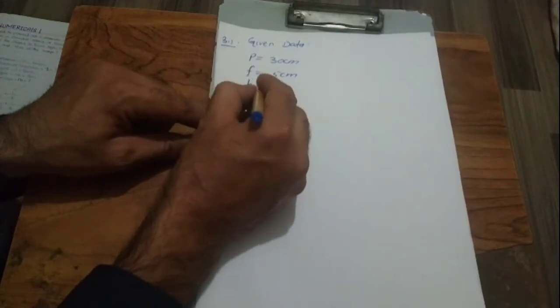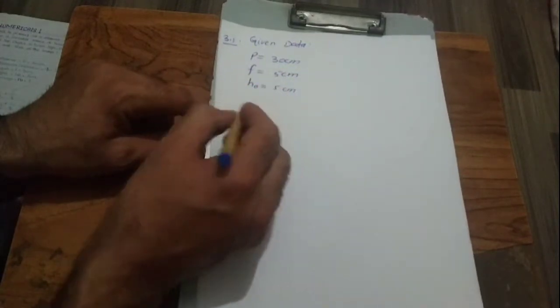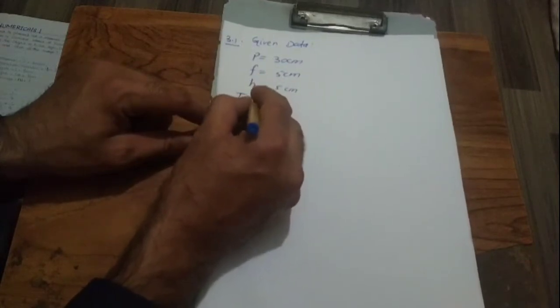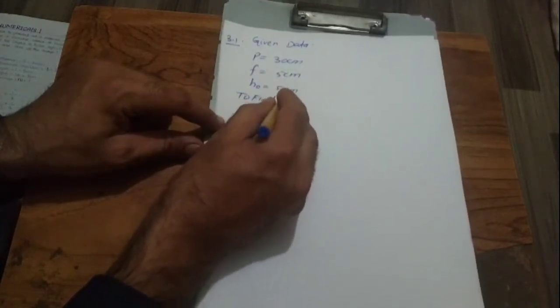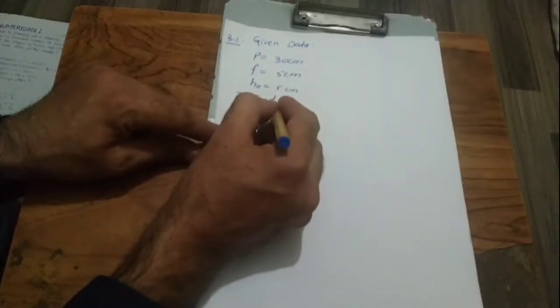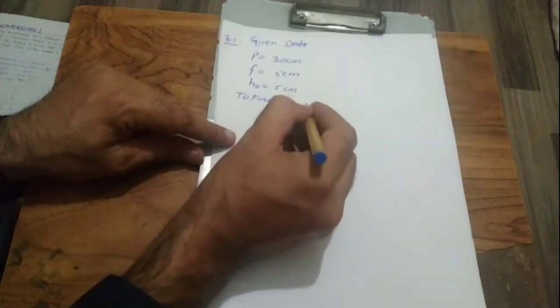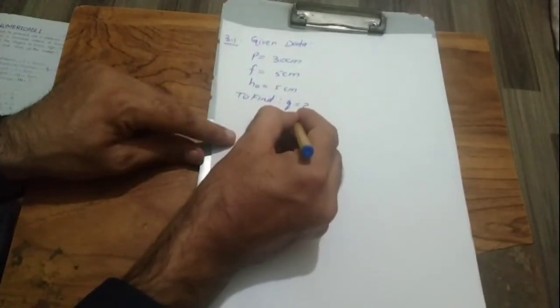Object height means HO, that means 5 centimeter. And what are we supposed to find? Two things. So now I'm writing to find. Number first, we have to find Q, and number second, we have to find HI. HI means image height. I hope this is clear.